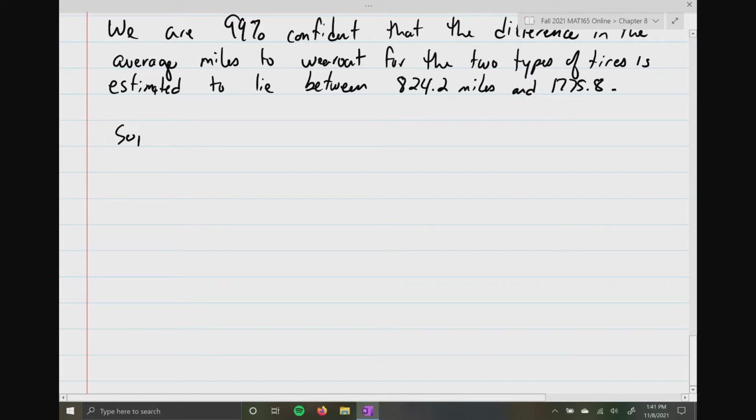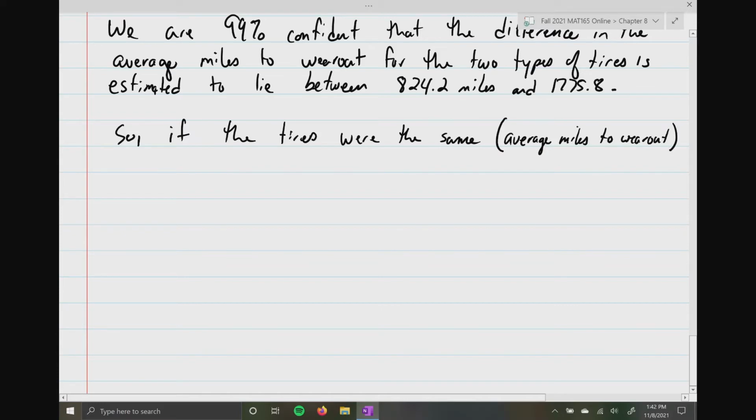So here's what we're looking at. If these two tires were the same, so if the tires were the same in terms of, and I'm going to put this in parentheses, average miles to wear out.